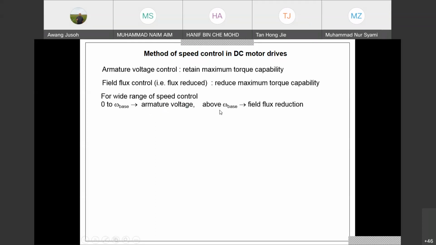Above base speed, we need to move from controlling voltage to controlling flux: reduce the flux, flux speed reduction. That's how the system works. In a DC drive system, from 0 to base speed, we control voltage. Above base speed, control the flux, meaning reduce the flux.